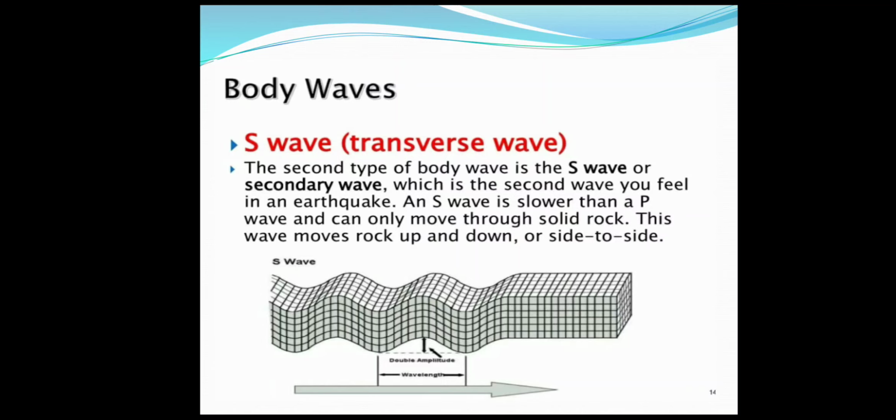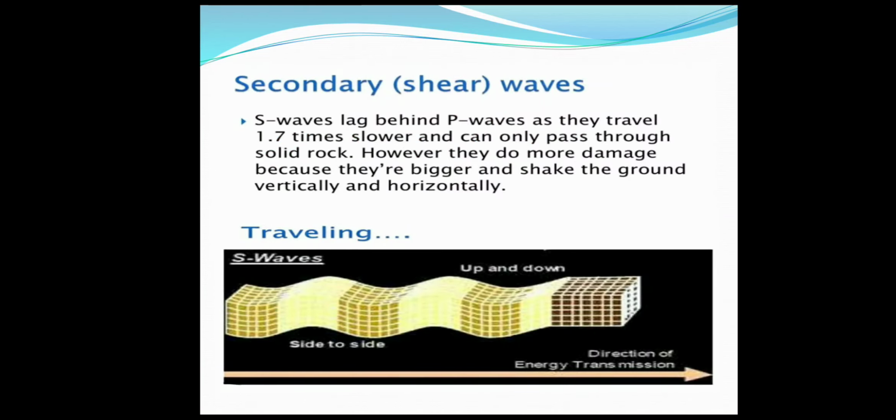They cannot move inside water or any liquid, and it moves rocks up and down and side to side. Here we can see the traveling path of the S waves. These move up and down, vertically, and move in S shapes. S waves travel about 1.7 times slower than the P waves.